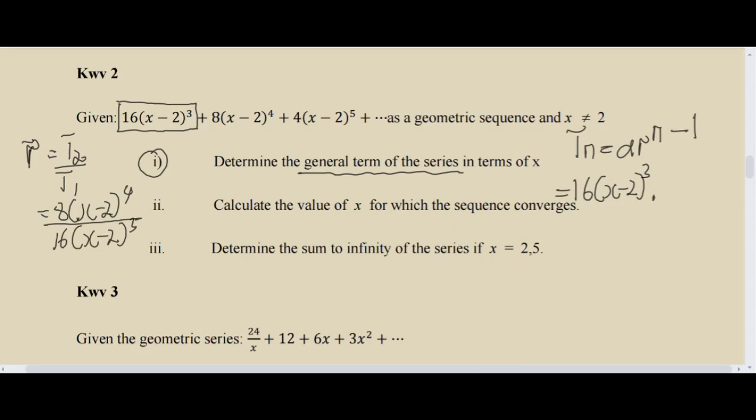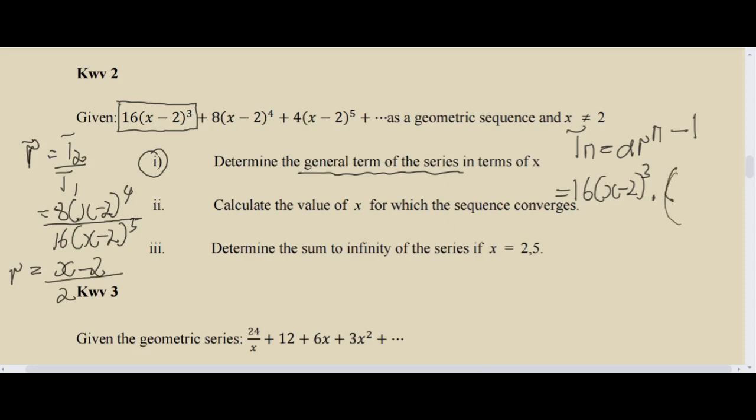Now we can see that there are 4 of this and 3 of that, so 3 of this will cancel with the 3 we find in here. Then what is 8 divided by 16? We know that that's 1 over 2. So up there we are left with x minus 2, and down here we are only left with 2. So our r is (x minus 2) over 2. Right. So this is our r.